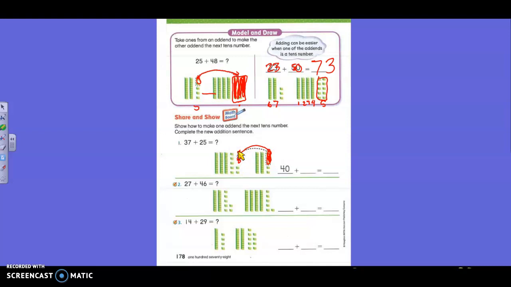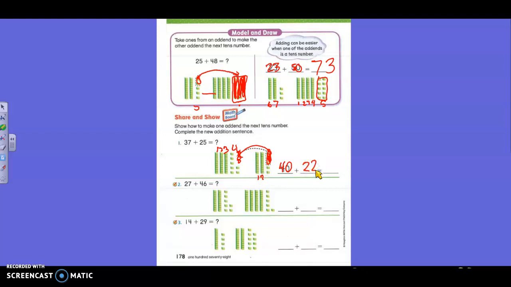So now that makes this number what? 10, 20, 30, and now 40. So that first picture now has 4 tens. And then this one has how many? 2 tens.